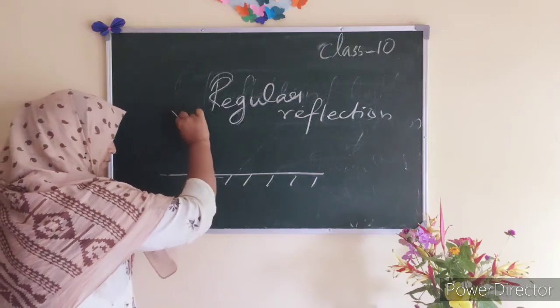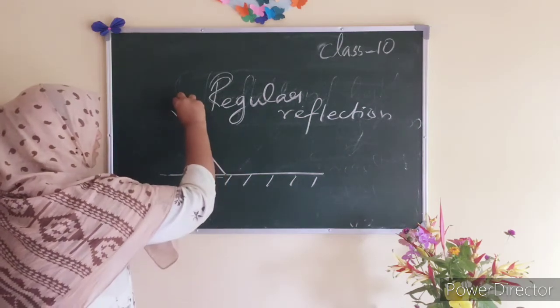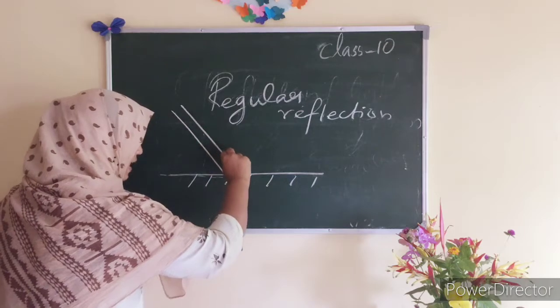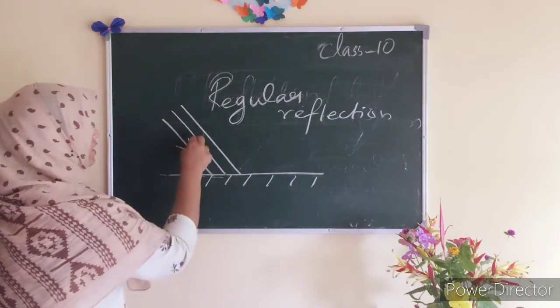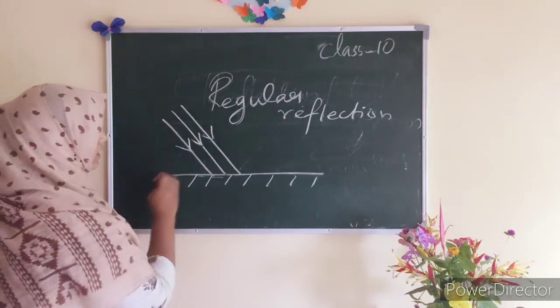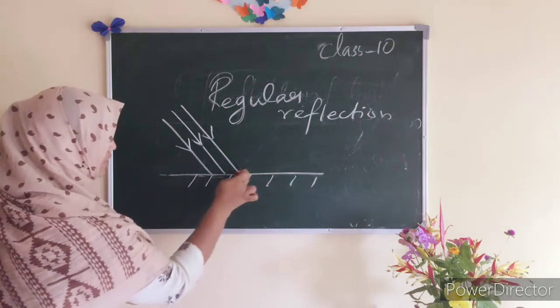On this reflector, a parallel beam of light rays falls on a smooth and highly polished surface.